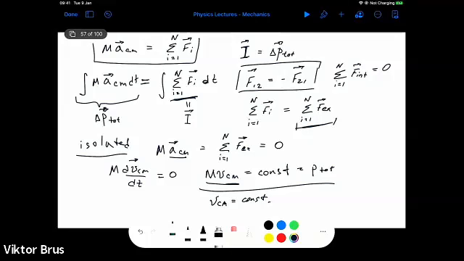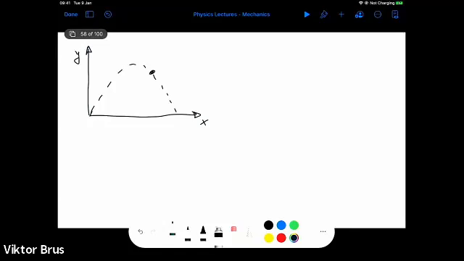And just to give you some illustration of this concept, let us consider some projectile which moves along a parabolic trajectory. Imagine it was launched, and at some point it exploded.